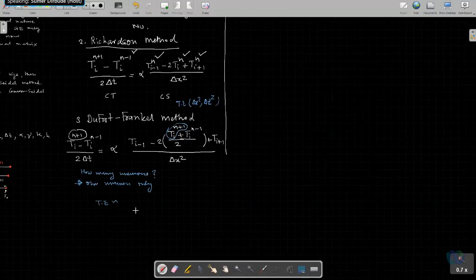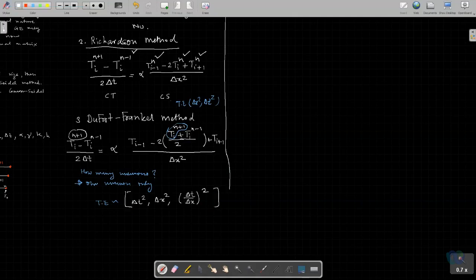The truncation error is of order delta t square, delta x square, and also delta t by delta x square. For Dufort-Frankel, there is a problem here, consistency may be a problem.